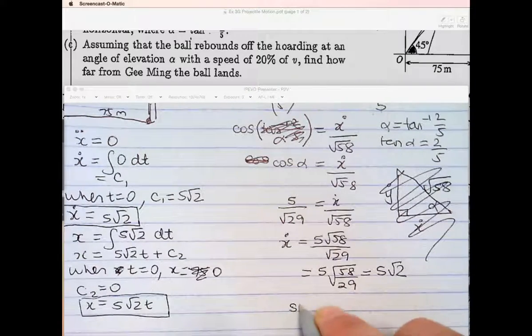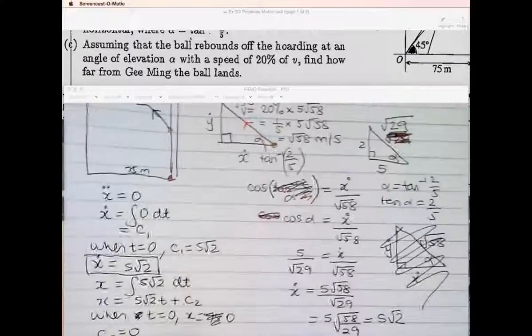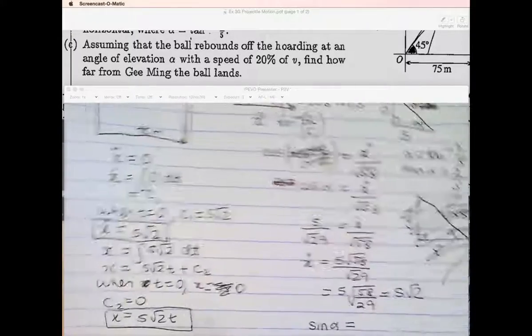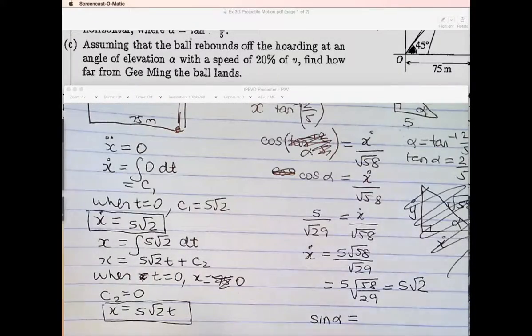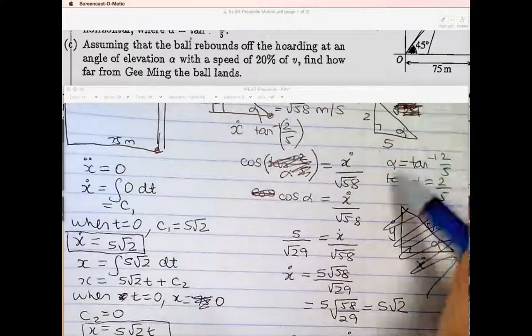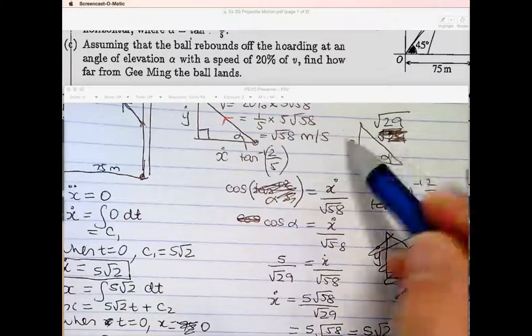You know how we had cos alpha? We're now doing sine alpha. Sine alpha is what? I need to do my vertical component of velocity. Sine alpha is y dot on root 58. What does sine alpha equal from this triangle? 2 on root 29.